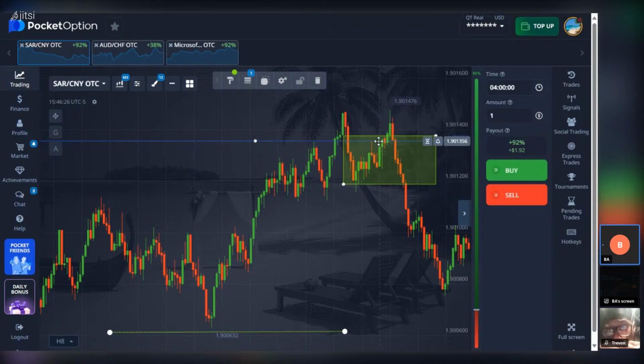Price is overbought. We're trading our edge. This is our edge. We're selling high. They're enticing you to buy at this high, and then price reverses on you. The trend is your friend until the price reverses on you. You know what I'm saying?